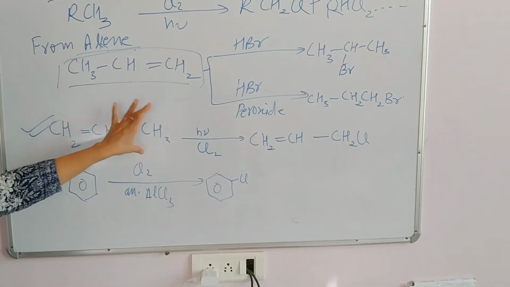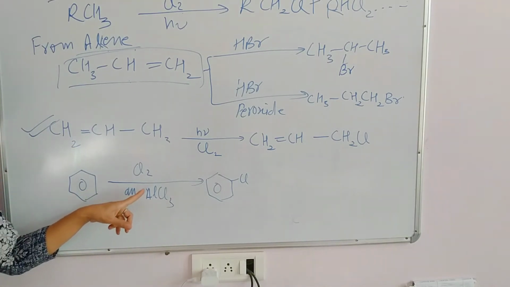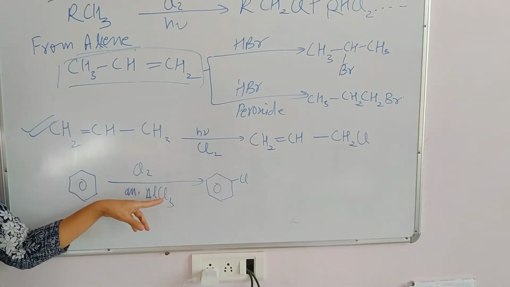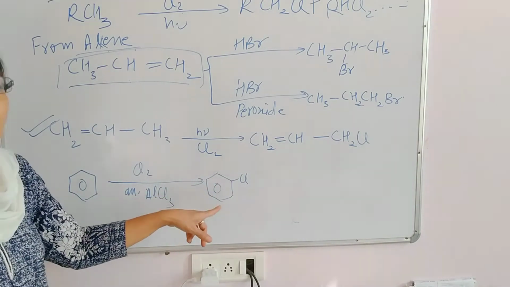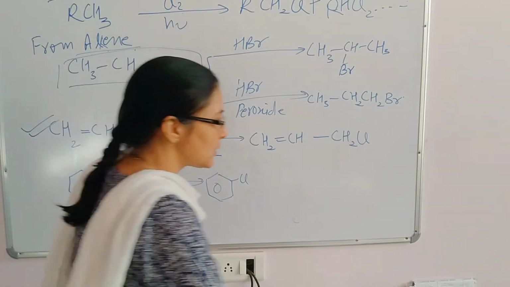Only in this particular compound you have to do this electrophilic substitution reaction, well known to you, that chlorine in the presence of anhydrous AlCl3 treated with benzene, there will be formation of chlorobenzene. In the same manner, substituted halogen benzene will form.